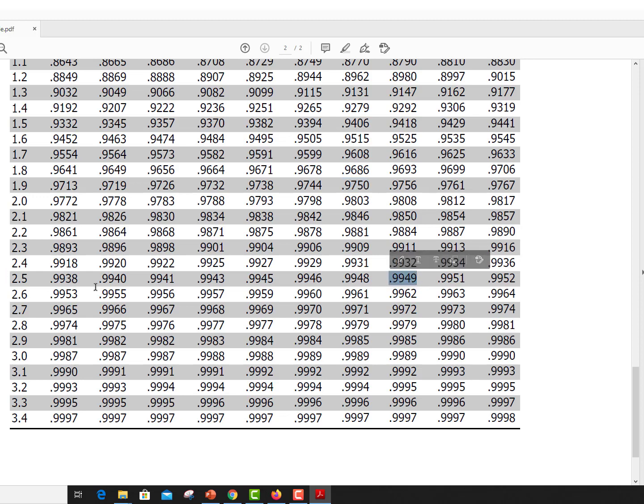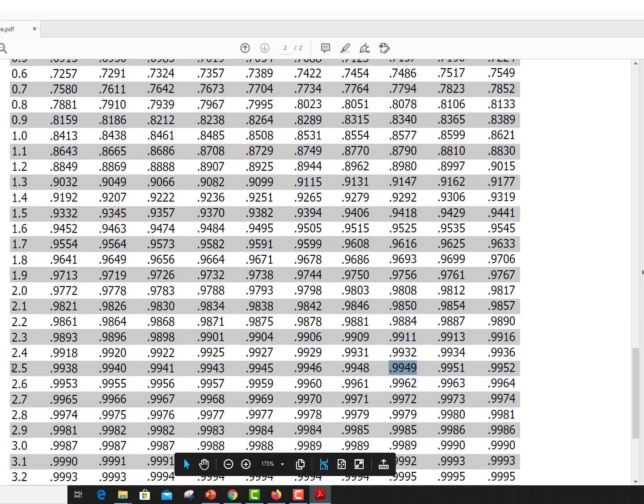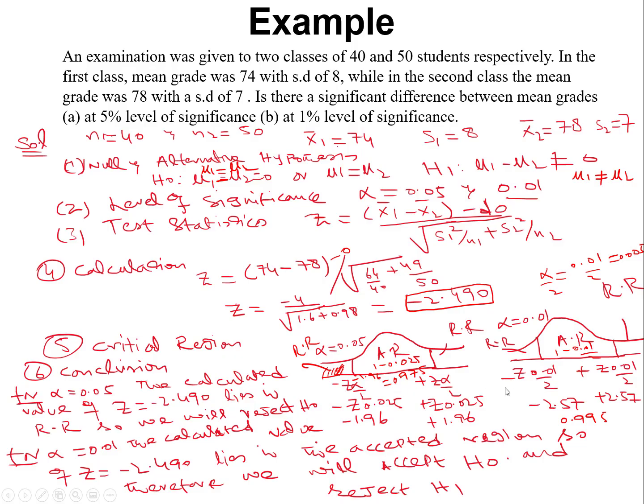So this is the value 0.995. You can see 2.5 and 2 decimal places is 7. So the Z value will be 2.57 for this area. You can see that 2.57 is for 0.995. So minus 2.57 and 2.57. Where is your Z calculated value lying?